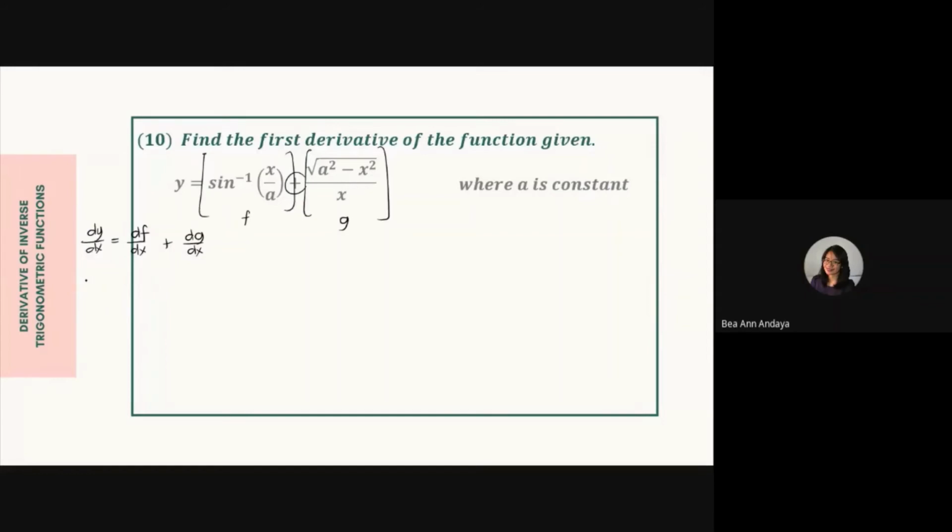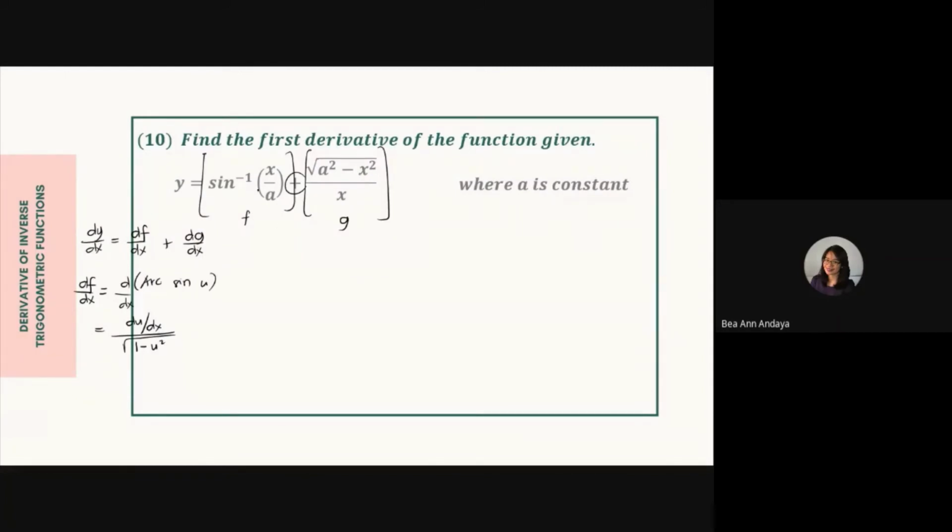If you have to solve for the derivative of f with respect to x, if you are going to derive the arc sine of u with respect to x, all you have to do is to get the derivative of u with respect to x and divide it with the square root of 1 minus u squared.